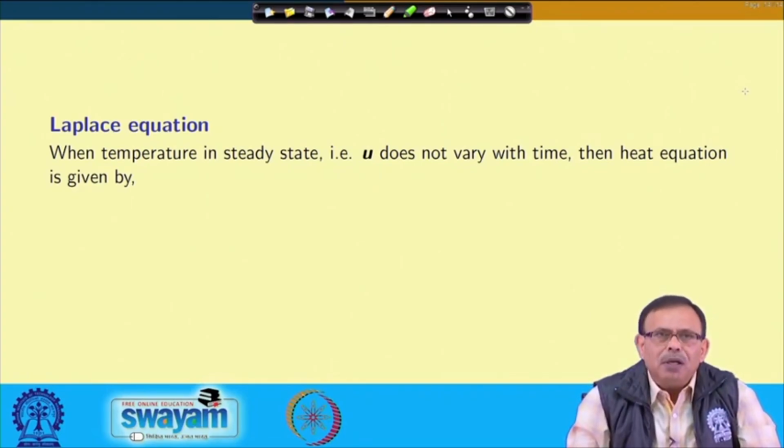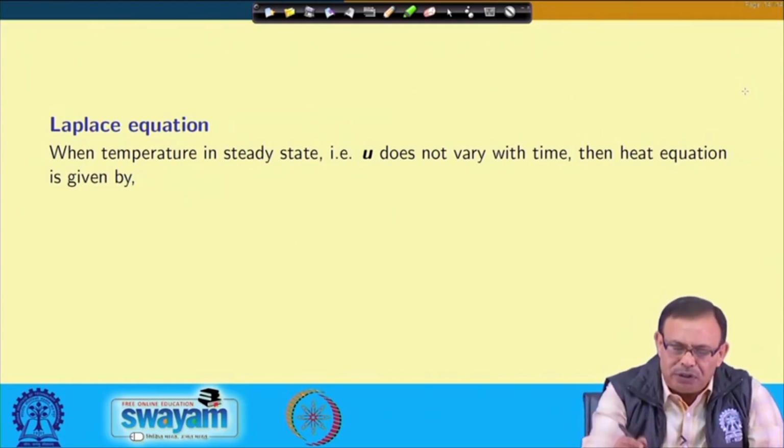Please note this. When the temperature is in steady state, that is the function u does not vary with time. In the heat equation, u is a function of t and varies with time, but in the Laplace equation u does not vary with time.